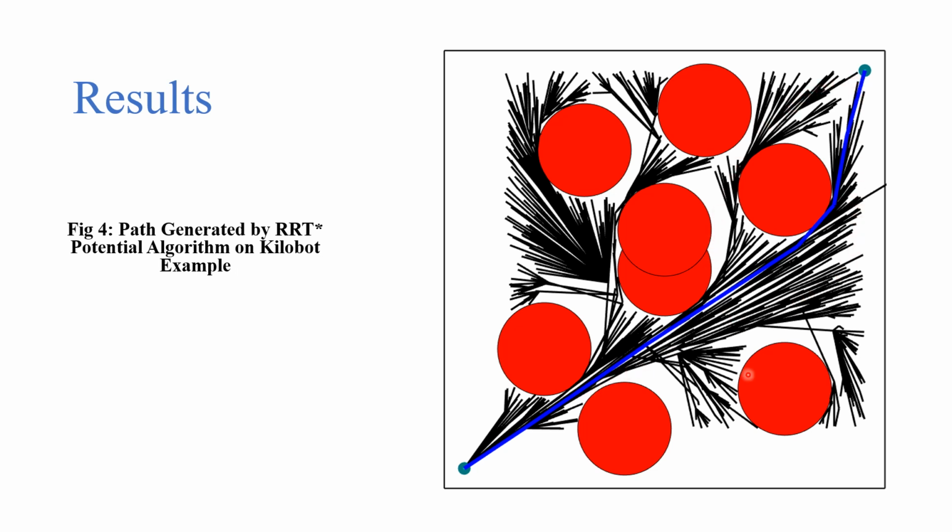So we can see that the tree in this case is actually more focused towards expanding to the goal and trying to avoid the obstacles as much as possible. So we might expect that the RRT star potential actually achieves faster convergence and actually finds the goal in less time. Now we're going to verify that by doing further studies and comparing it with the RRT star.